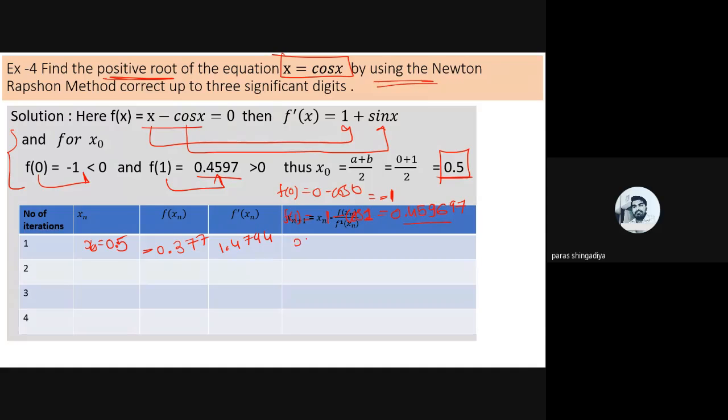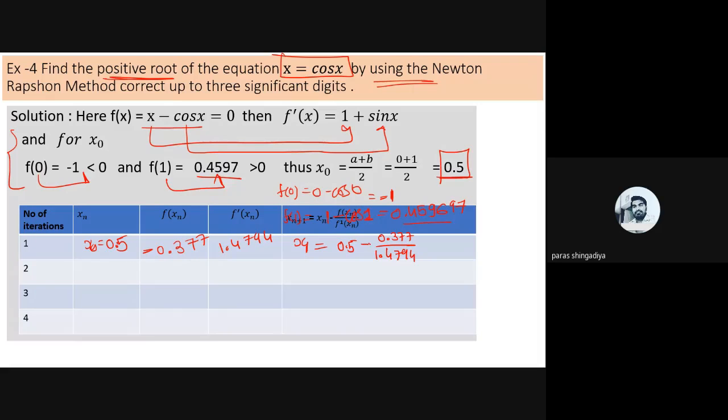And now the value of x1 will be 0.5 minus (minus 0.377) divided by 1.4794. It has two negative signs, so it converts to positive: 0.5 minus of 0.377 in the numerator, and the denominator 1.4794, so the two negative signs convert it to positive.